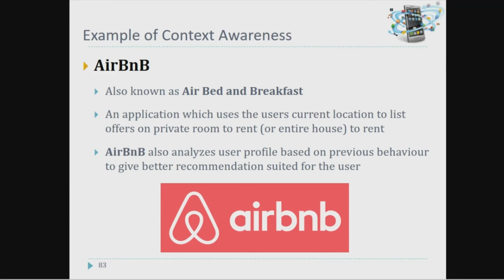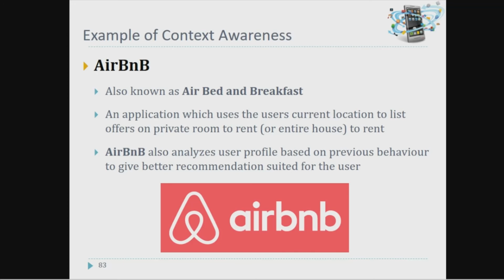Another example is Airbnb, also known as bed and breakfast. This is an application that uses the user's current location to list offers of private rooms or houses to rent. Airbnb also analyzes the user profile based on previous behavior to give a better recommendation suited for the user.